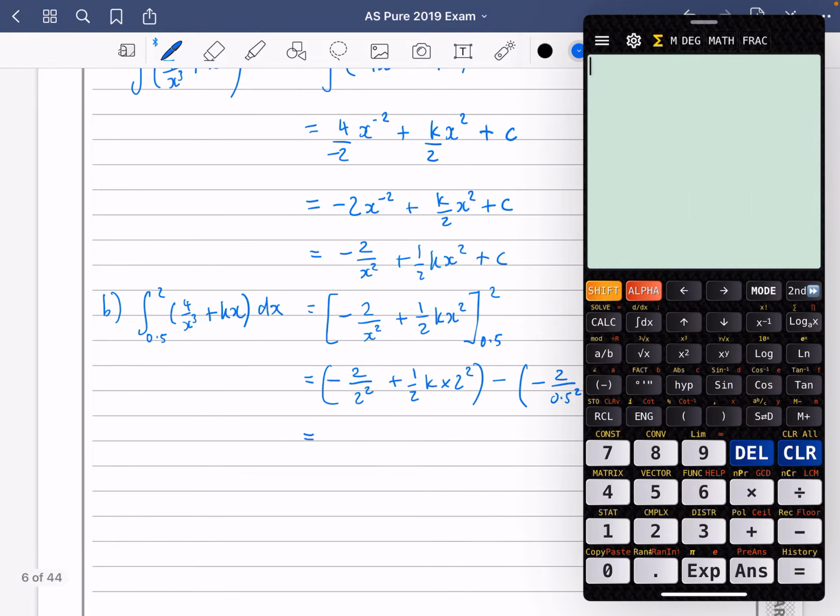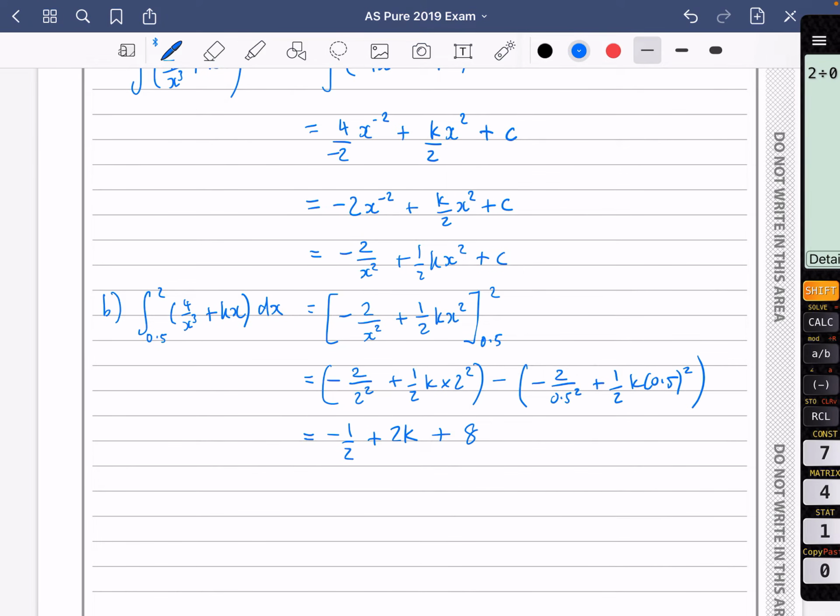I have got for the first part minus 2 divided by 2 squared, which is minus a half. And then I've got a half multiplied by k multiplied by 2 squared, which is just 2k. And then for the next part, I've got a negative and a negative, so it's definitely going to be a positive. And it is 2 divided by 0.5 squared, which is 8.